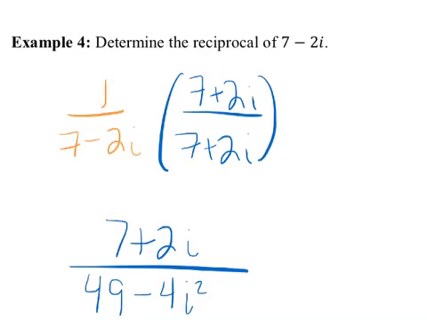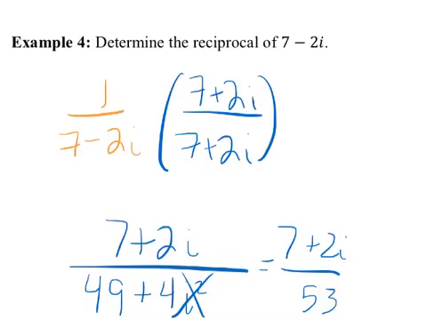Okay, so as Joe's noticing already, i squared is negative 1. So you can drop the i squared and make this a positive here, because it's negative 1. So we get 7 plus 2i over 53.